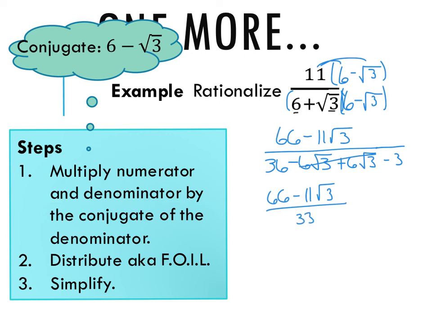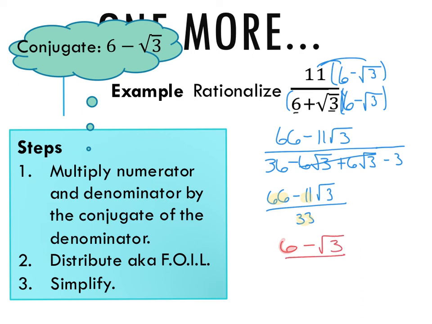Now we're going to ask ourselves what number goes into all three. And when we say all three, what we mean is the 66, the 11, and the 33. What number goes into all three? Hopefully we recognize 11. So 66 divided by 11 is 6. 11 divided by 11, we'll have negative square root 3.